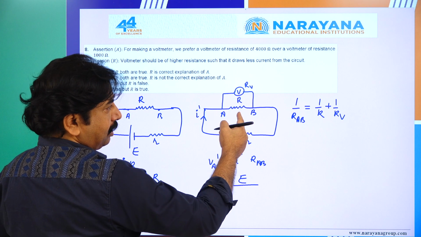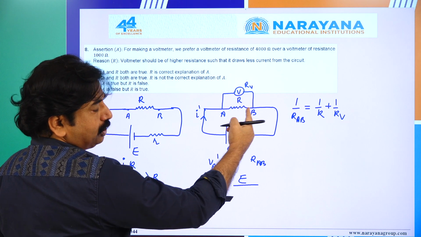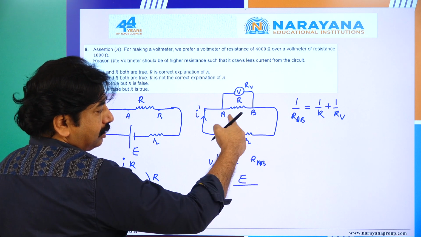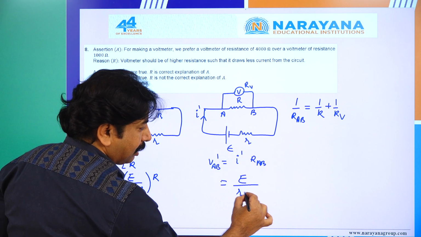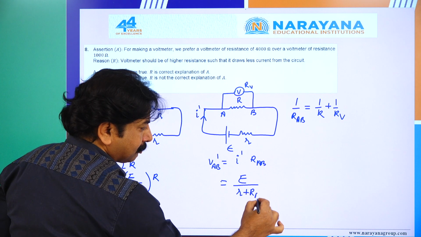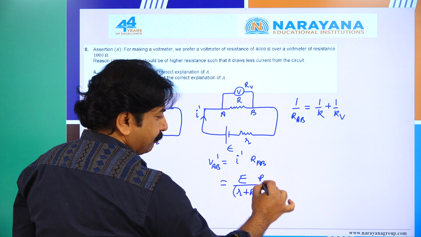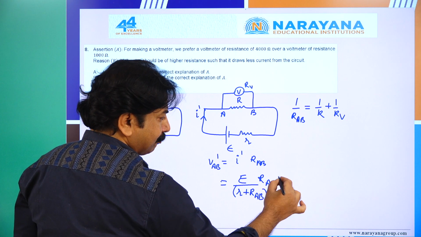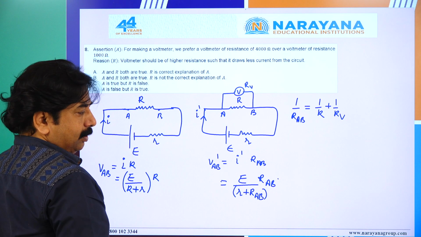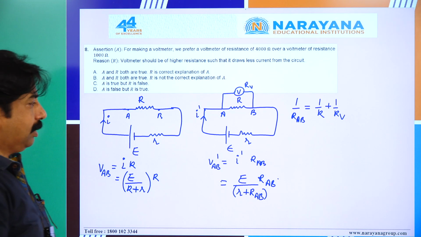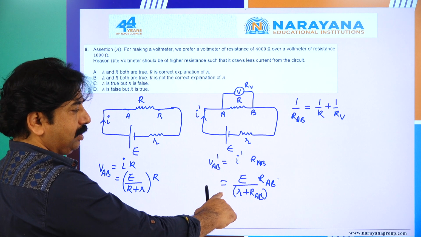So the net resistance between A and B is considered as RAB. Then the total will be R plus RAB. But one thing everyone has to observe very clearly: VAB dash.